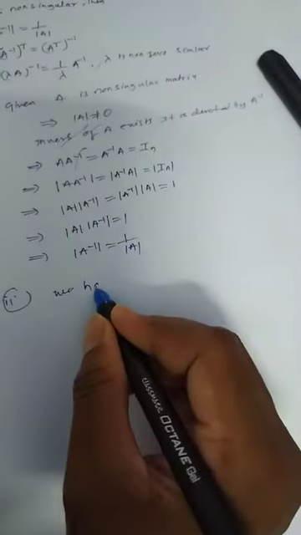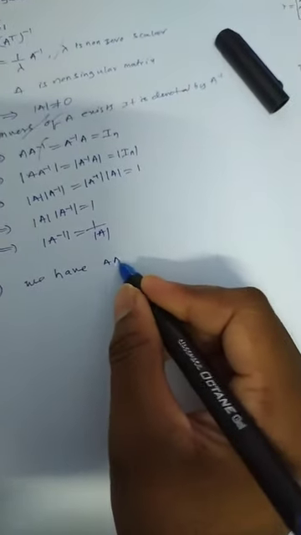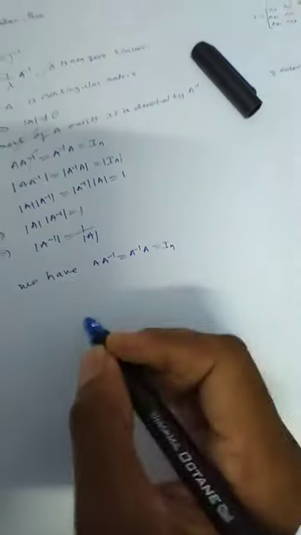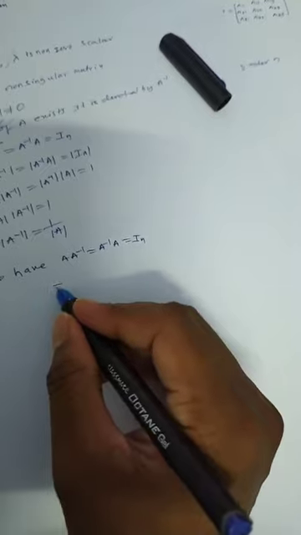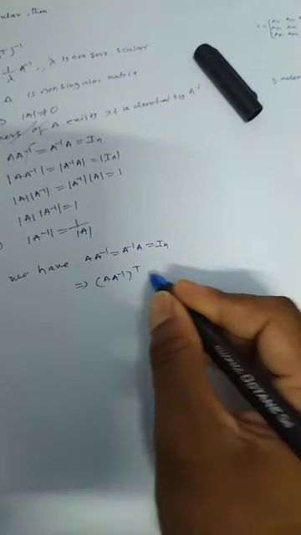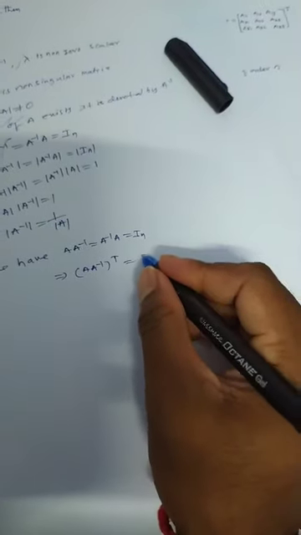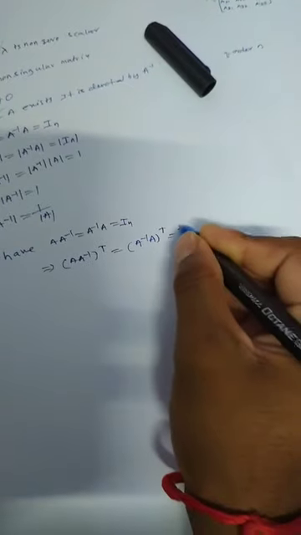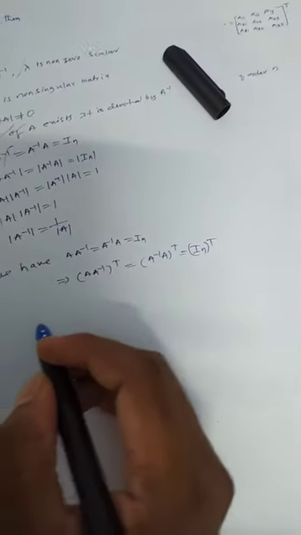Right. Next theorem, second one. So we have A into A inverse equal to A inverse into A is equal to IN. I am taking transpose on both sides. So A into A inverse whole transpose is equal to A inverse into A whole transpose is equal to IN whole transpose, right?